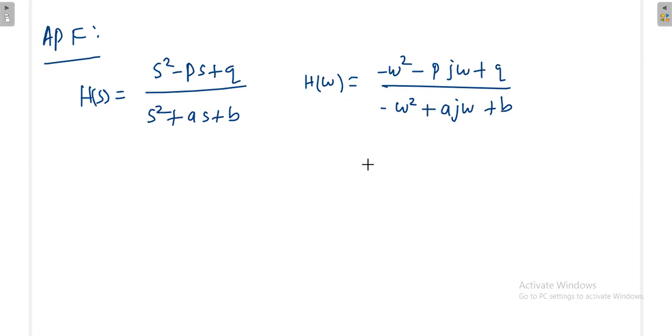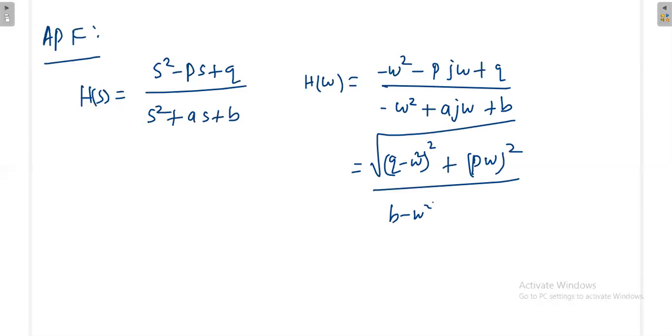Once you take the magnitude, it is square root of (q minus omega square) whole square plus (p omega) whole square, overall square root of (b minus omega square) whole square plus (a omega) whole square. When you substitute any omega value, you will get some value for all frequencies, depending on the relationship between a and p and q and b.